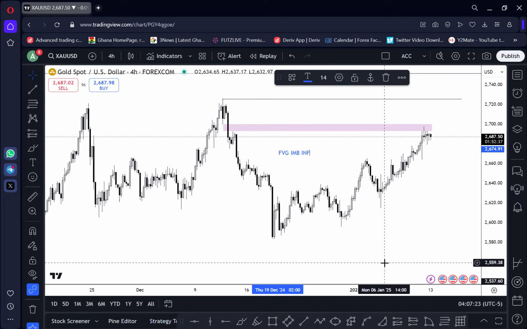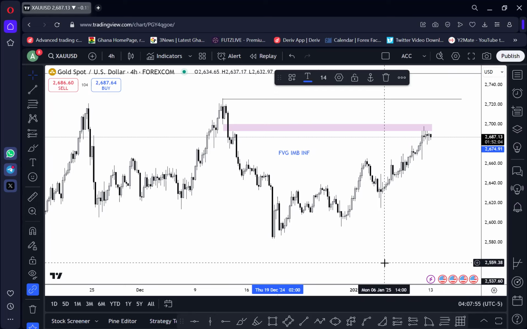Those unfilled orders are inefficiencies or imbalances in the system, or let me say gaps in the system. These gaps create what we call liquidity. So fair value gaps are internal liquidities in the market.